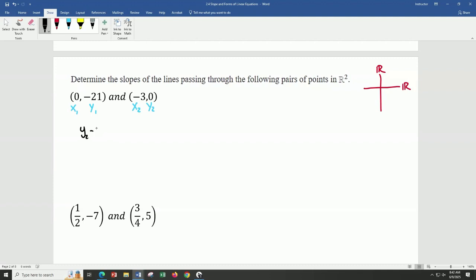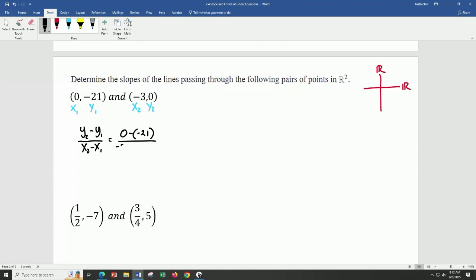I've got y2 minus y1 all over x2 minus x1 is equal to, my y2 is going to be a 0. My y1 is going to be, notice I put a minus sign and then I put the negative 21. Because I am substituting a negative for a variable, I'm wrapping that in a parenthesis.